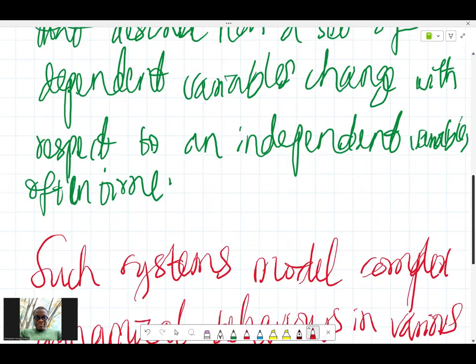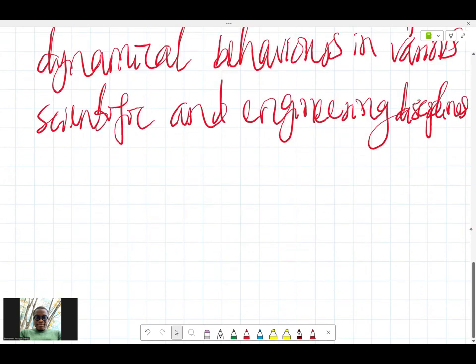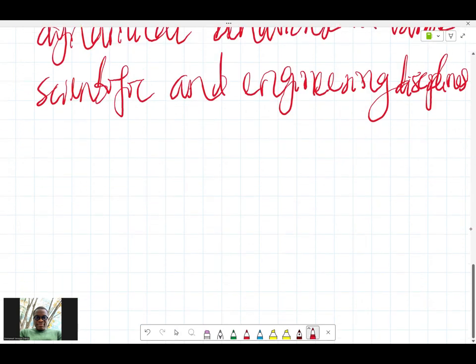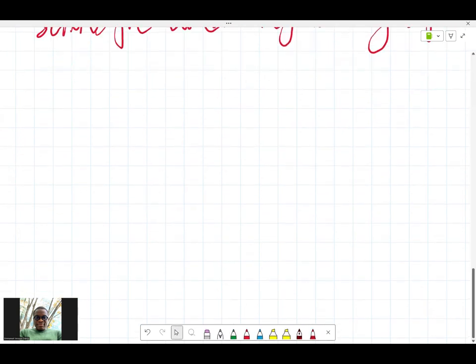Some real world situations like that can help us see how interrelated concepts connect together. So let's look at a definition for this.